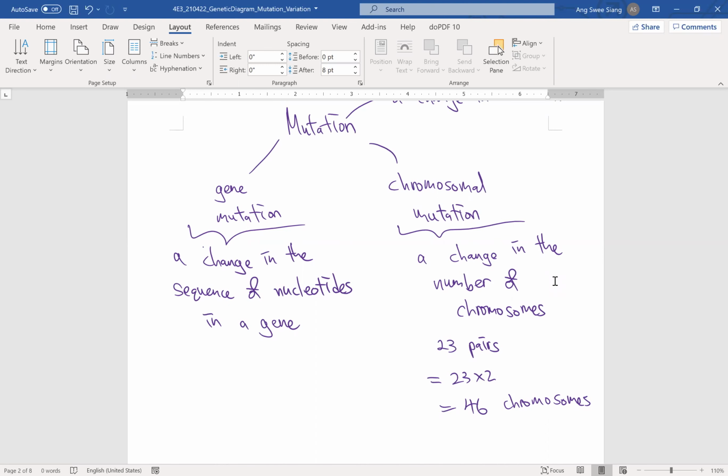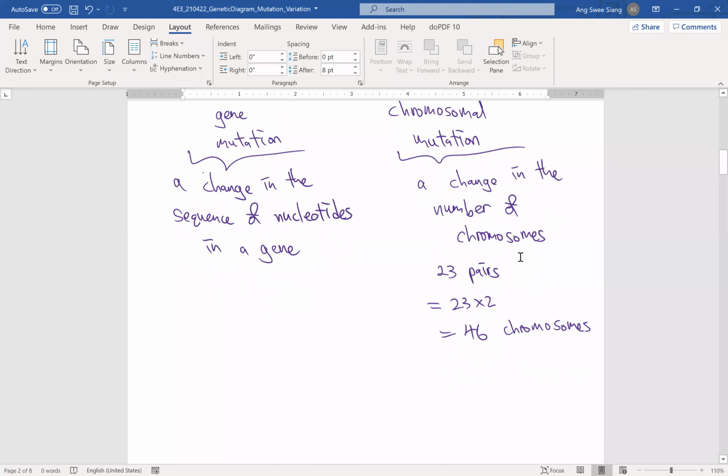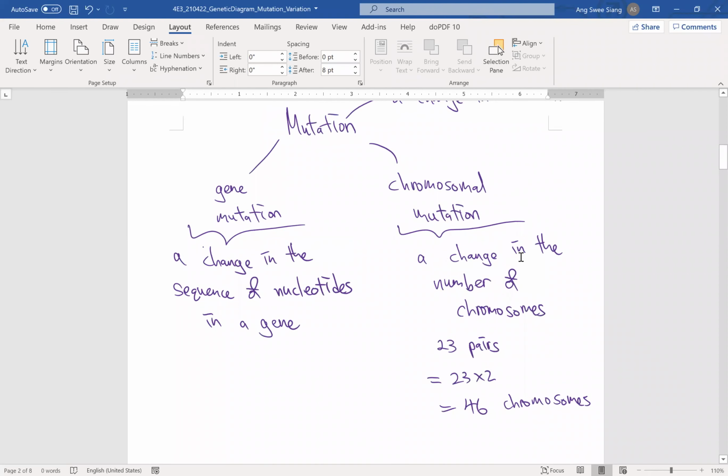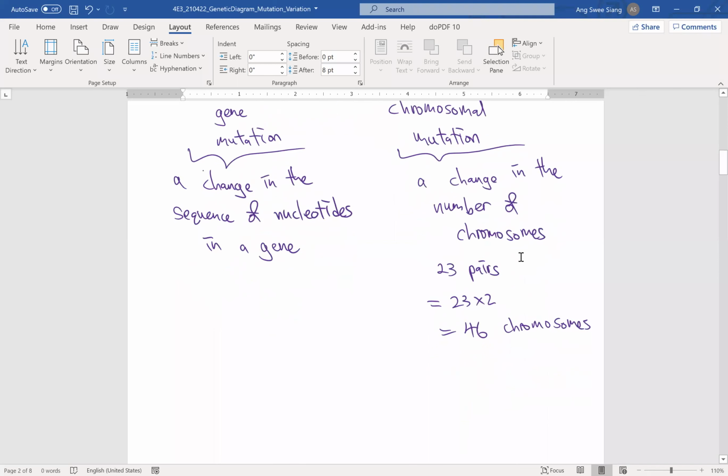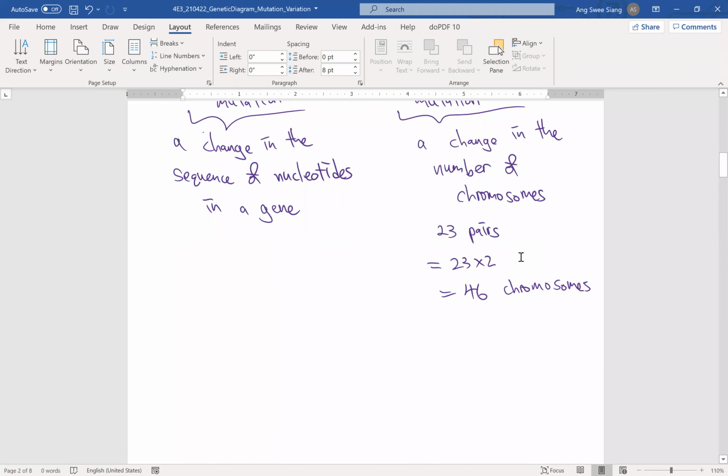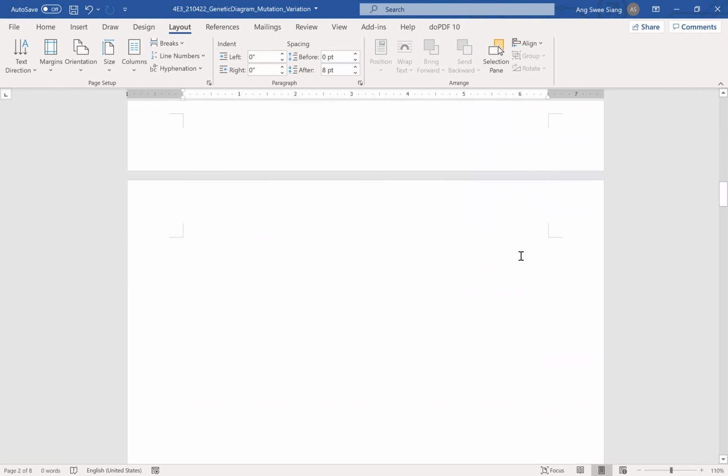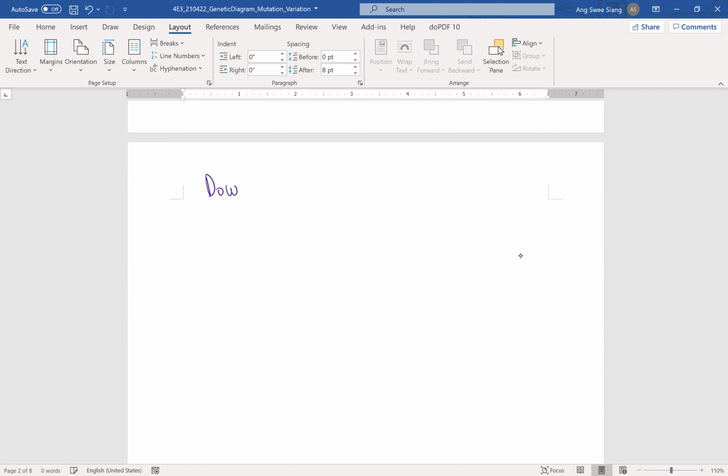Very good comment by Sherlyn. For chromosomal mutation, I will be talking about Down syndrome. Since Sherlyn mentioned it, let's look at it now, since the bell has not rung yet. Down syndrome is also called trisomy 21.